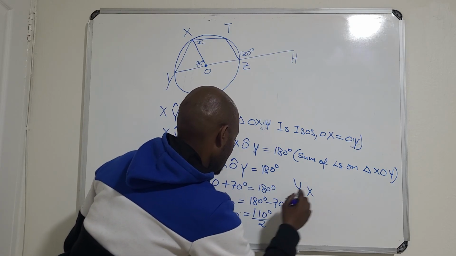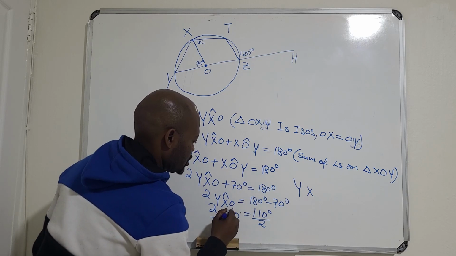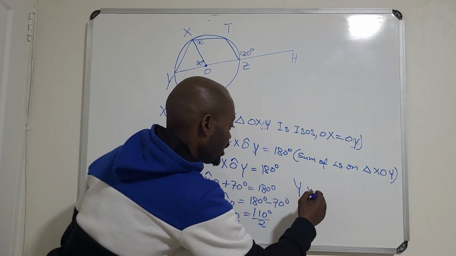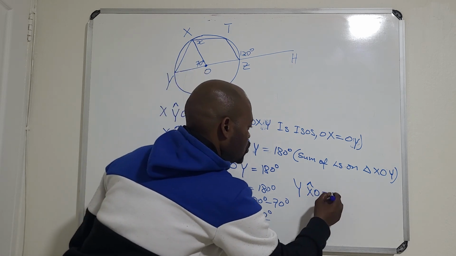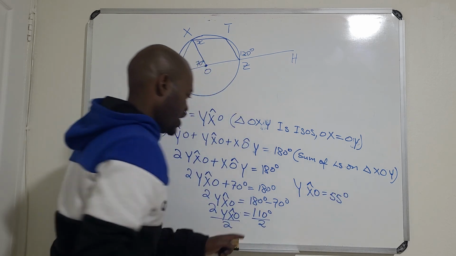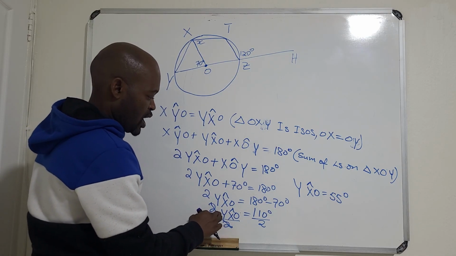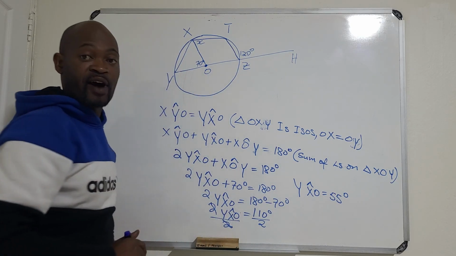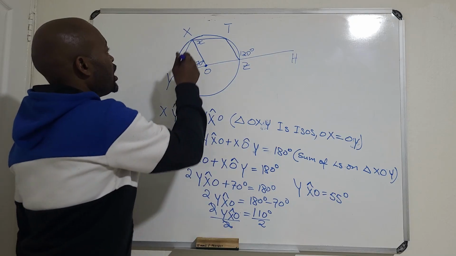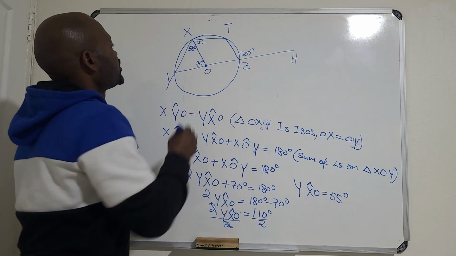This will cancel, then you're left with angle YXO, which is equal to 55. Now, it means that here we have 55 degrees.